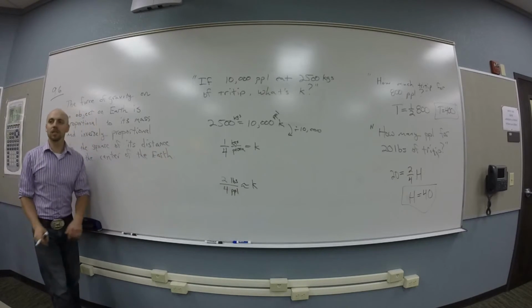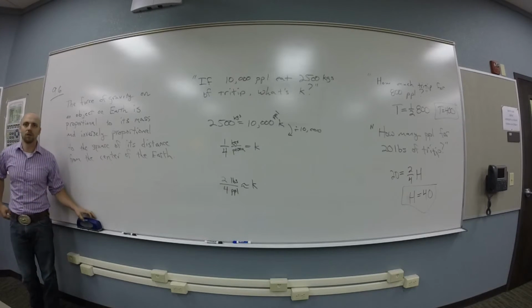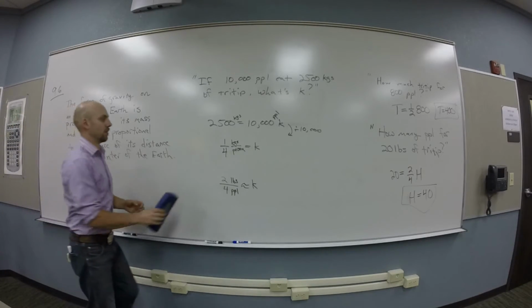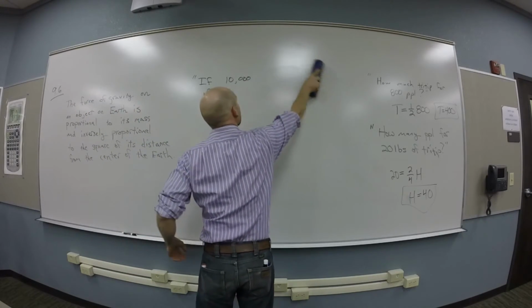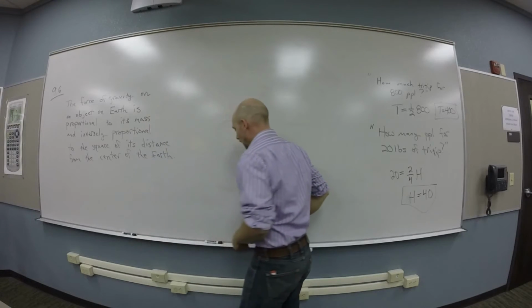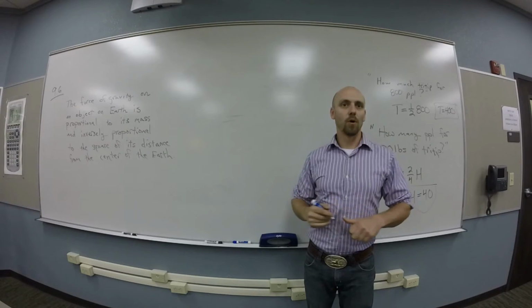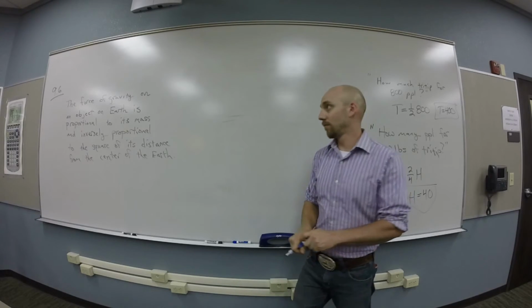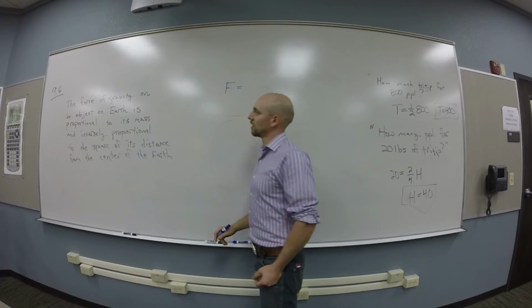Can you guys translate this into a math statement like that T equals KH one? It should be relatively straightforward, right? Force of gravity. What's your letter for force? F. Okay, F equals.